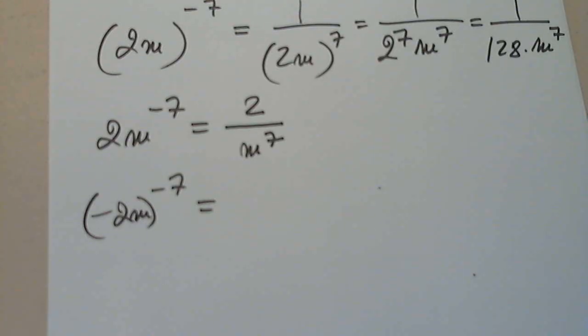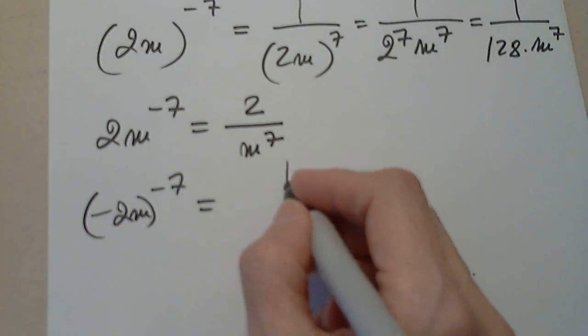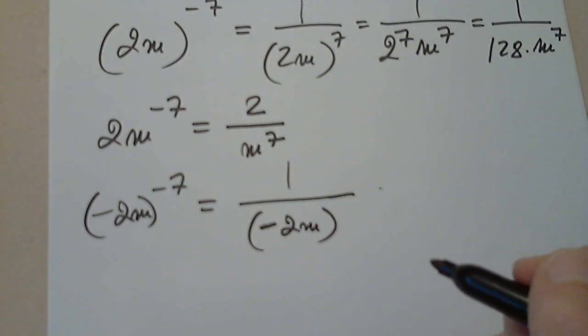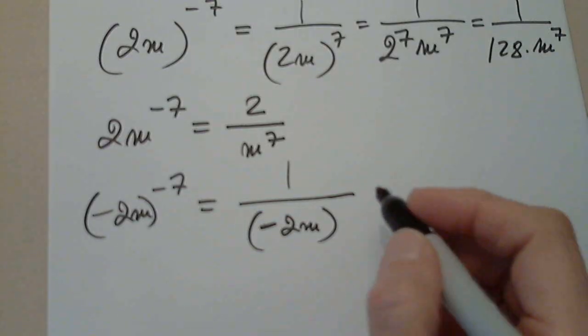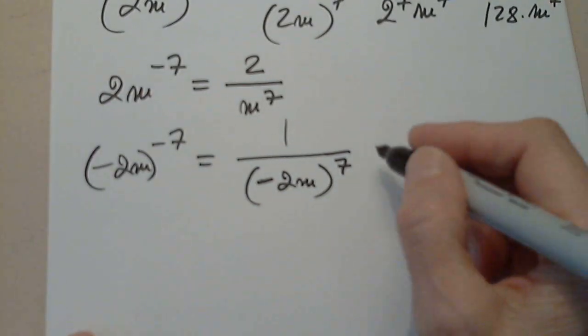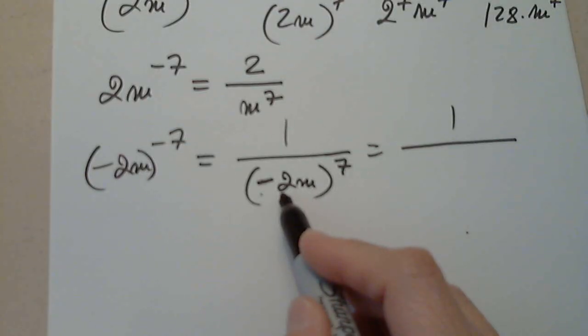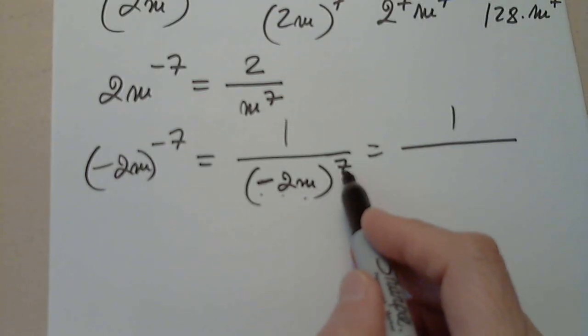Anybody? Is it 1 over -2m? Yes. -2m to which power? To the 7. Excellent. So now we have 3 factors: -1 to the 7th power, 2 to the 7th power, m to the 7th power.